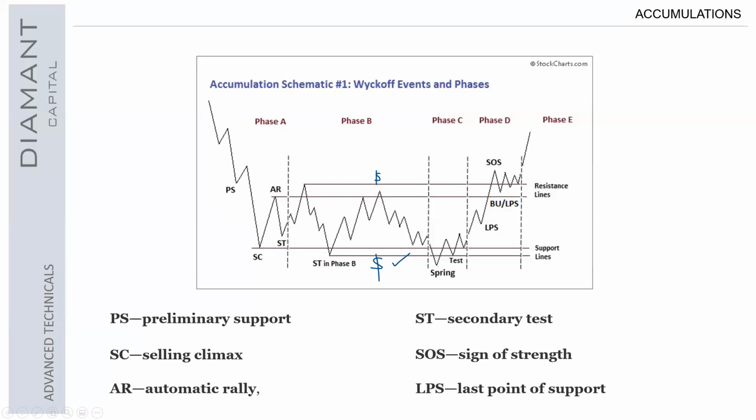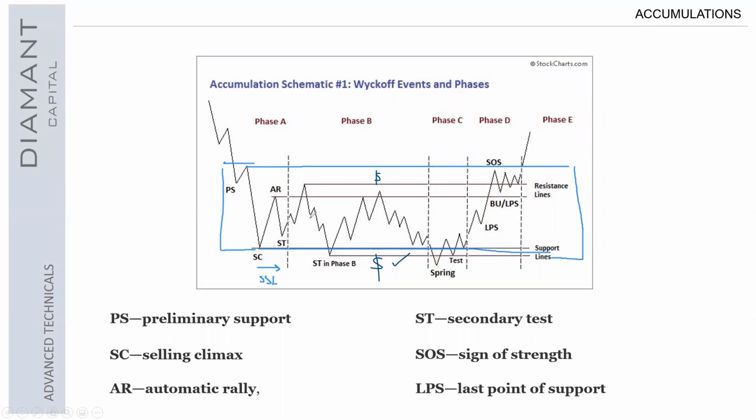So what you can usually do when this happens is, you're going to get this range forming right now. You can box this up where you've got the PS at the top, you've got the SC, and that's what's happening so far. What you're going to see is this SC, as we know, creates sell side liquidity.